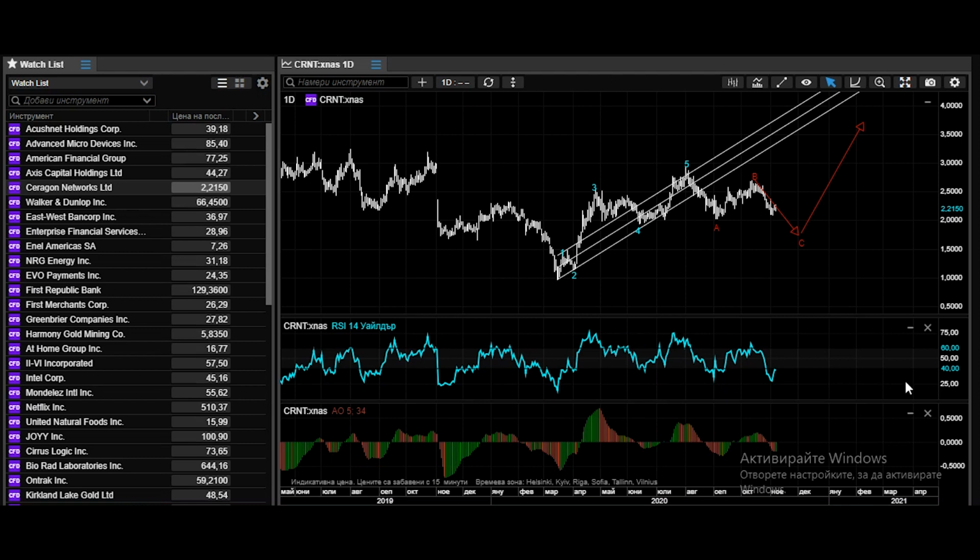This is our divergence. Now, if this is a fourth wave, we need to see how the awesome oscillator makes a breakthrough on zero value. Here. Okay, everything is okay, everything looks good.